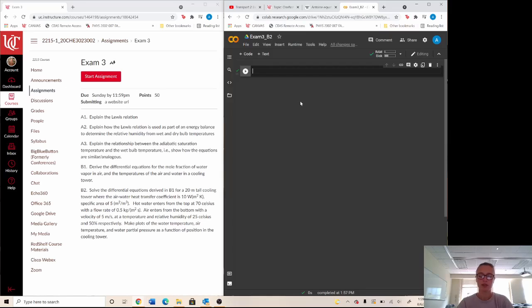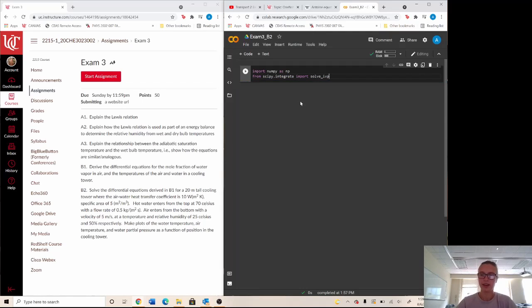So the first thing I'm going to do is import NumPy, which is numerical Python, and this will allow us to run our code, and I'm going to abbreviate this as NP, just for simplicity. I'm going to import a tool called solve-IVP from a SciPy integration toolbox, so it should be from SciPy.integrate, we're going to import a tool called solve-IVP.